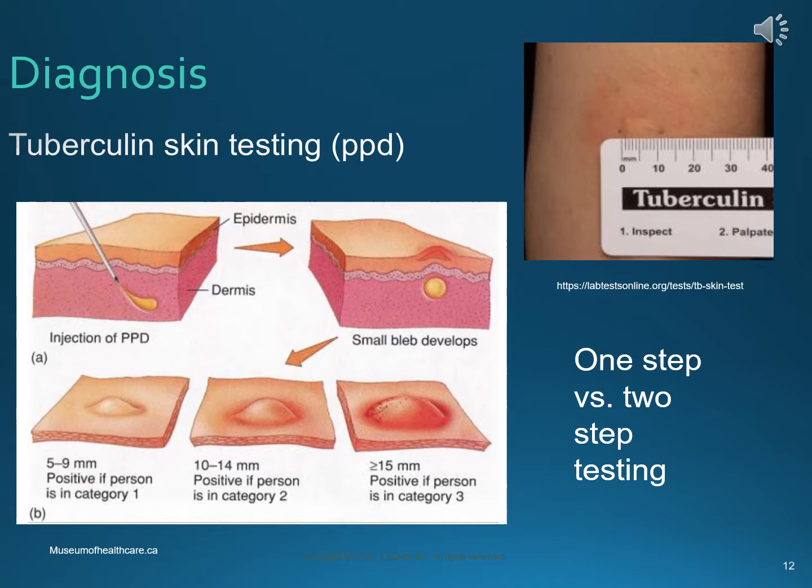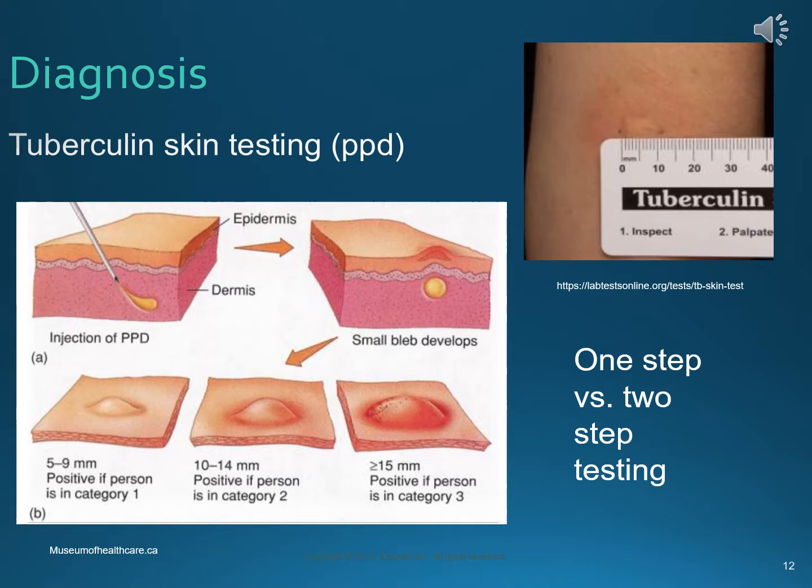So then 2 weeks later, technically between 1 and 3 weeks later, when you go in and have the second skin test done, it will detect the PPD that was just injected. Your body has started to make antibodies against it, and so you'll get a local reaction.